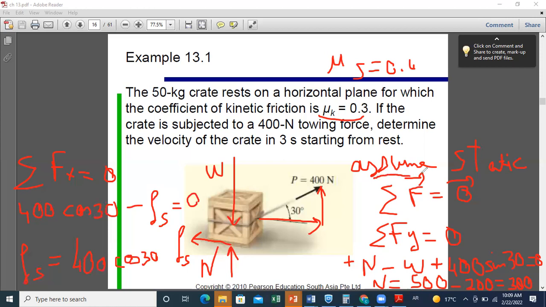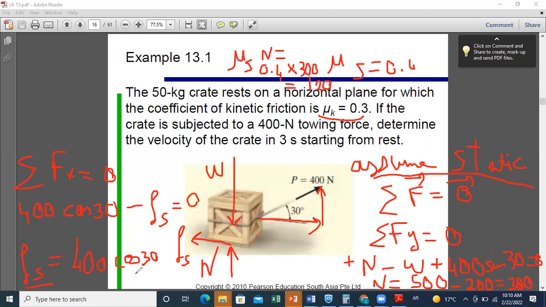My assumption was that I have a static friction, and I know that the static friction should be smaller than or equal to mu s N. So let us verify if Fs is smaller than mu s N. If you calculate mu s N here, it's equal to 0.4 times 300, which is equal to 120. Okay, and 120 is much smaller than 400 cosine 30.